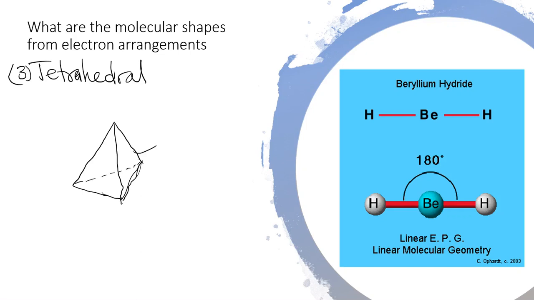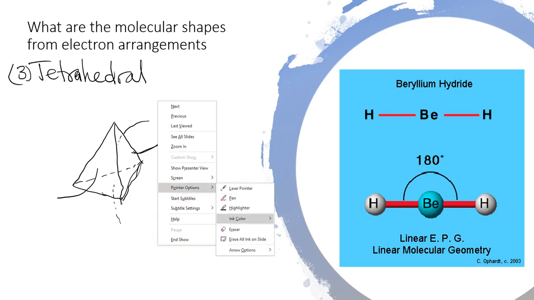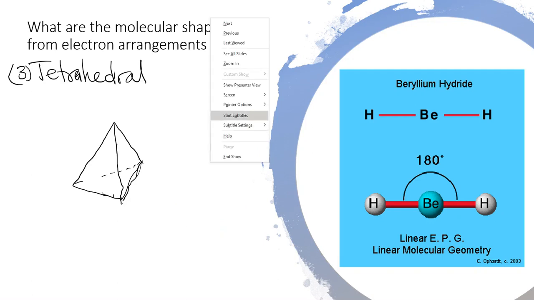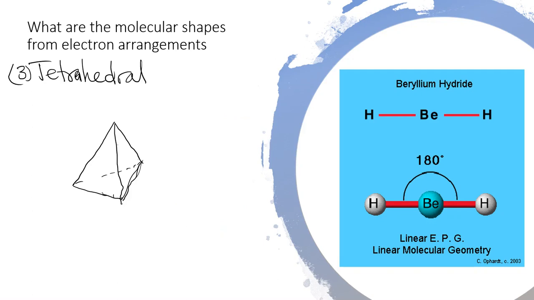So we have this one, this is side one. Then we have the other side there, side two. Then we have this side, side three. Then we have the side down there, side four. So it is a four-sided pyramid. So what do we do with this four-sided pyramid? So this is a tetrahedron.